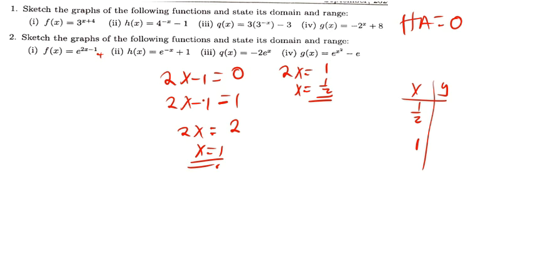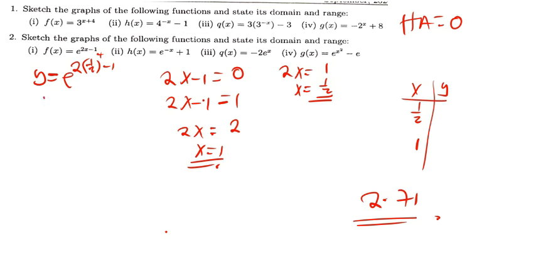Now I want to remind you that the value for e is approximately 2.71. So now what you are going to be doing is putting in the values. Here y is equal to e raised to the power 2, where there is x, let's put half, minus 1. So it's going to be 1 minus 1, because half of 2 is 1, 1 minus 1 is 0.